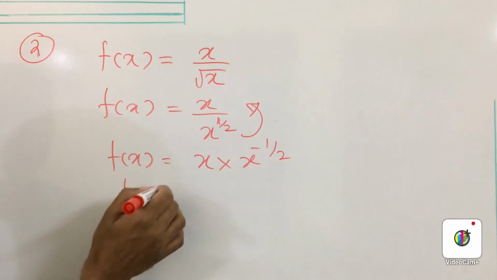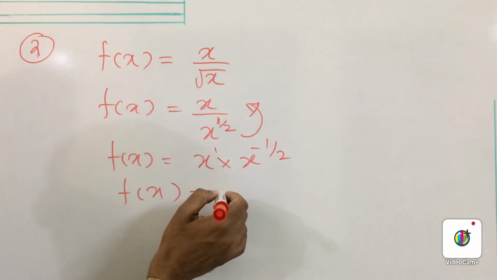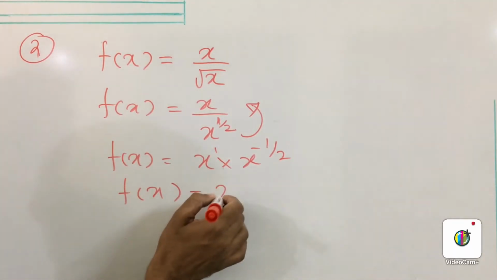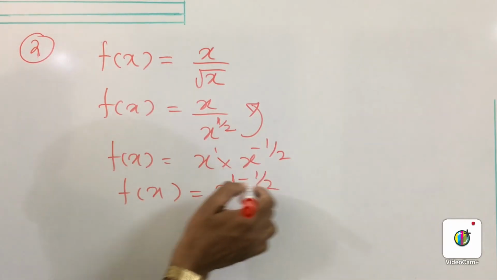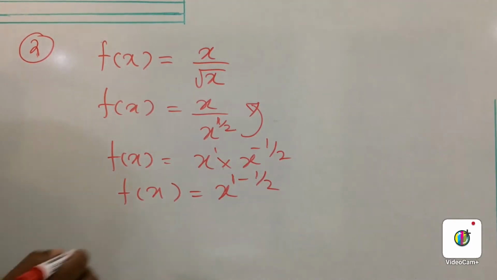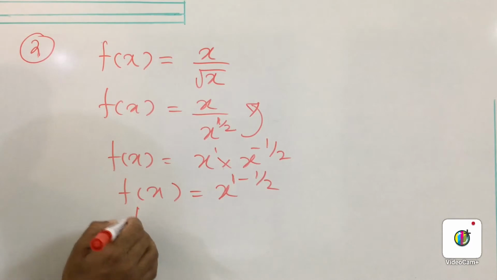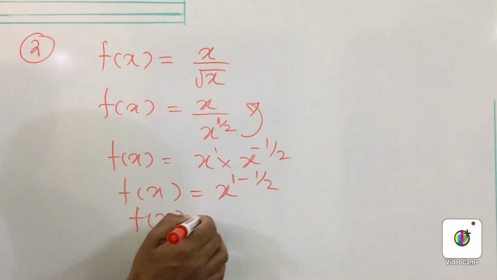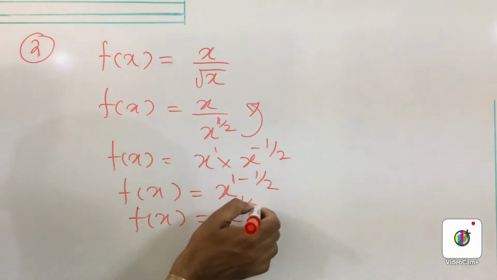Here x has power 1, therefore x to the power 1 minus half. For the same base you add the indices, so f(x) = x to the power 1 minus half, which means x to the power half.